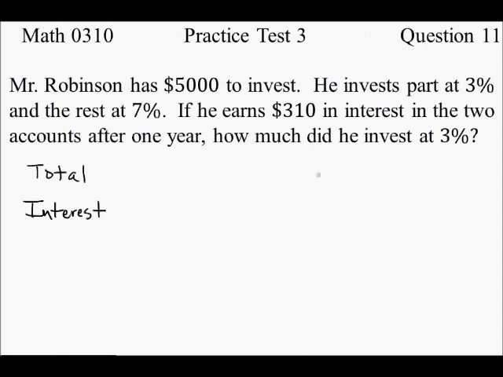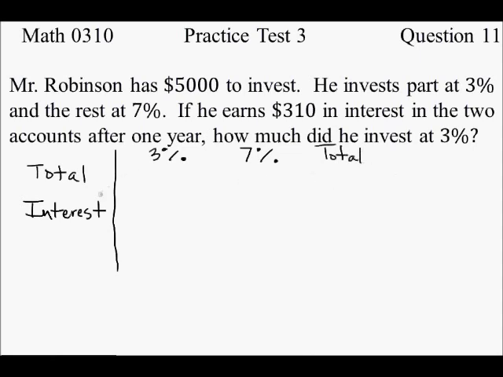Okay, so maybe we can set this up as a table first and then generate an equation. We have three different things going on. Part of it's being invested at 3% interest, and some of it's being invested at 7% interest. And then we also want to consider the total, because it also talks about the total.